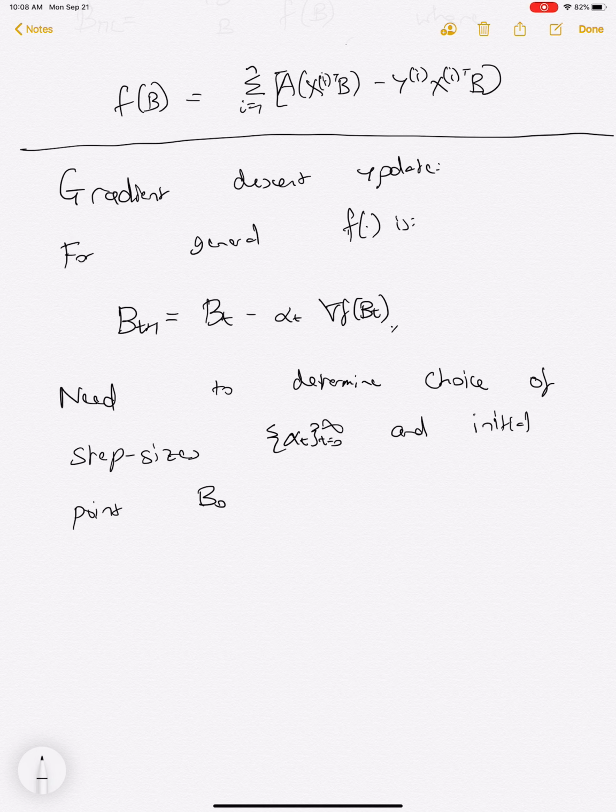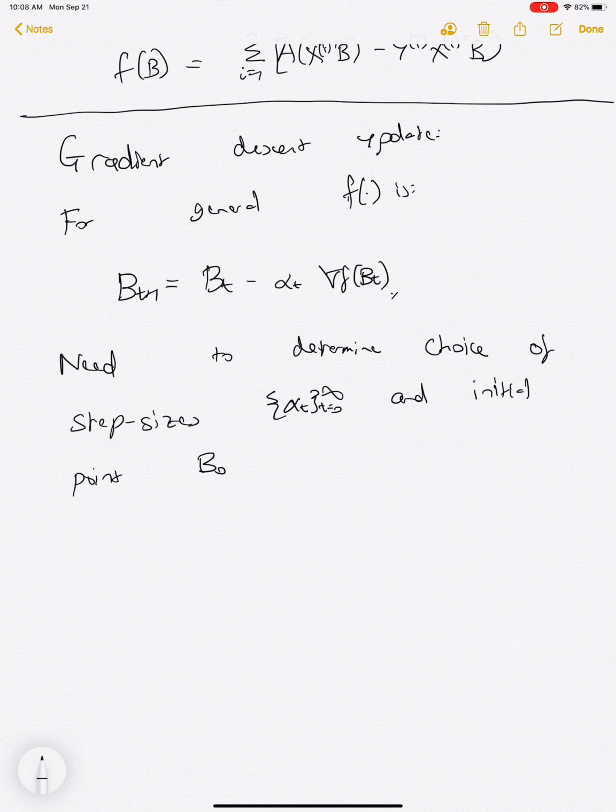And so we're going to try to develop some ideas which will give us a sense of how to choose these step sizes, and that's going to be really useful in your homework as well, because you'll be implementing gradient descent for these objectives. And one of the tasks will be determining good choices of step sizes.